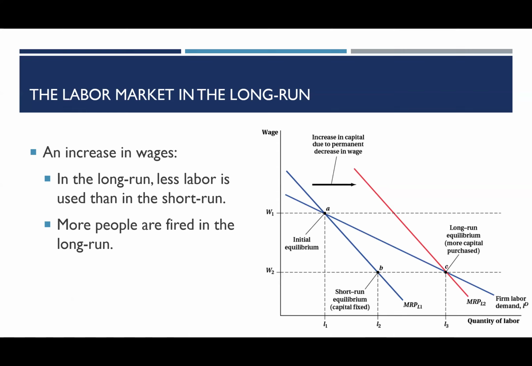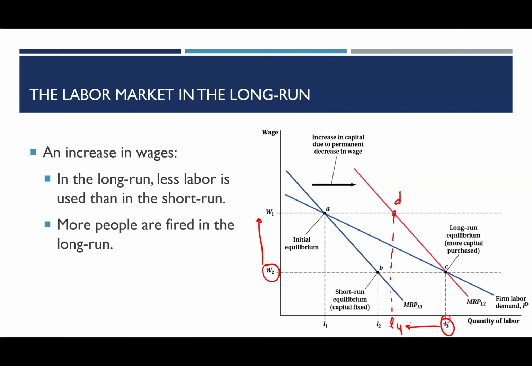If the wage goes from wage 2 to wage 1, that's going to put us at this new equilibrium point, labeled D. And we're going to see a reduction in the amount of labor hired from L sub 3 to L sub 4, right? Price goes up, quantity demanded falls. And so initially in response to this wage change, folks lose their job.